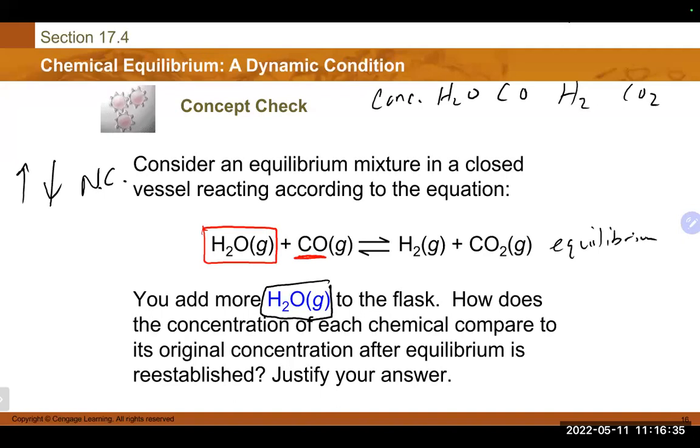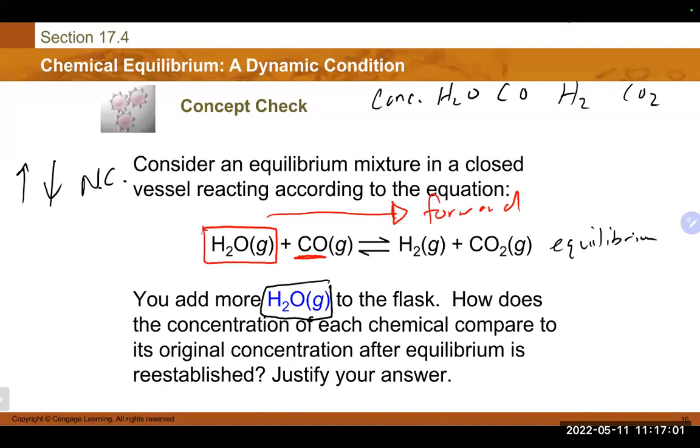The forward direction, right? So we added more water, which means water's aplenty there, so it's not going to take long for water and CO to find each other. And that should kick off the forward direction, which means we're going to be making products, right? And the only way to make products is to use up your reactants.